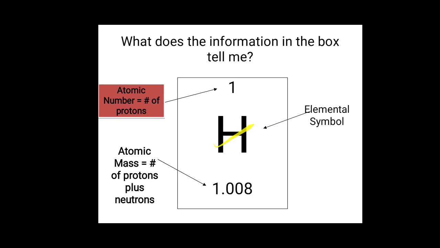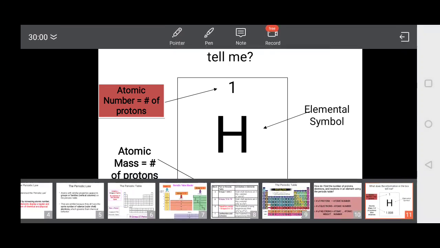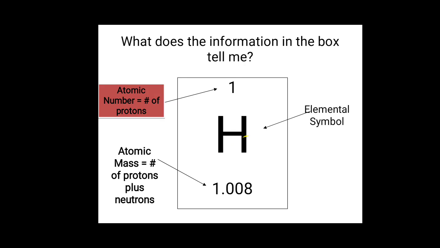Here it denotes atomic number, which means protons, and here it is atomic mass, which means protons plus neutrons. Here is the symbol for hydrogen, here is the atomic number and here is the atomic mass. Atomic mass means protons plus neutrons.